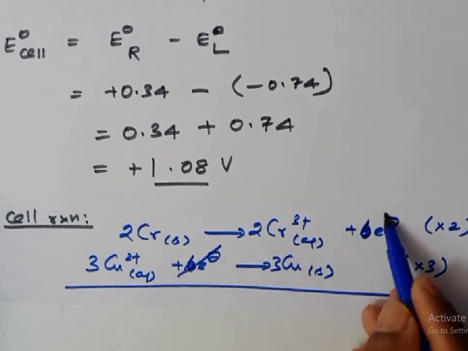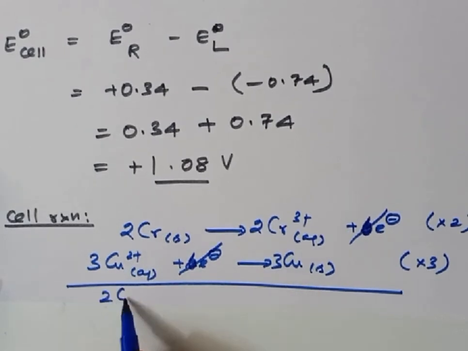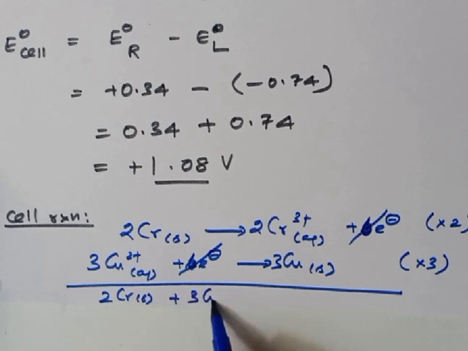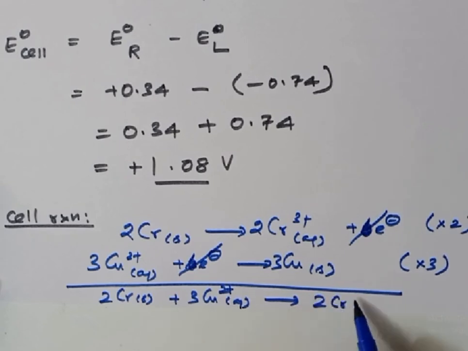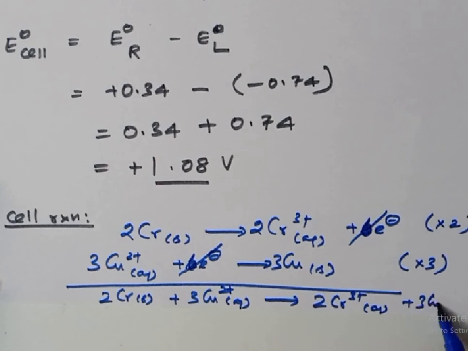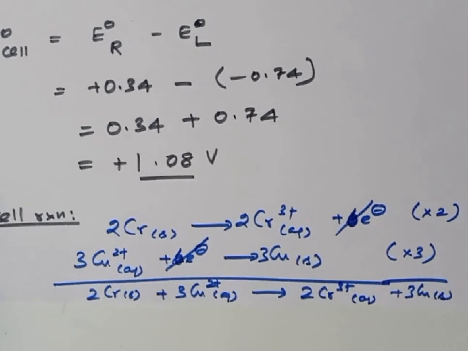So 6 electrons cancel. What we have on the left hand side is 2 chromium solid plus 3 Cu2 plus aqueous, giving 2 chromium 3 plus aqueous plus 3 copper solid. This is the overall cell reaction.